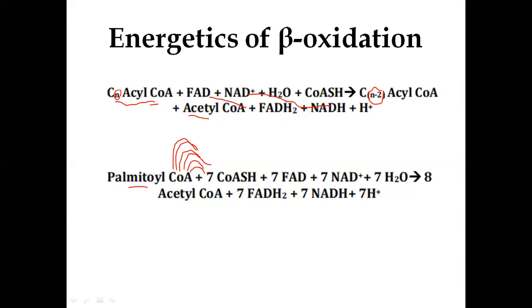So in each reaction, there is consumption of 1 molecule of coenzyme A, 1 molecule of FAD, 1 molecule of NAD and 1 molecule of water. But in 7 total reactions, there will be utilization of 7 coenzyme A, 7 FAD, 7 NAD and 7 molecules of water.